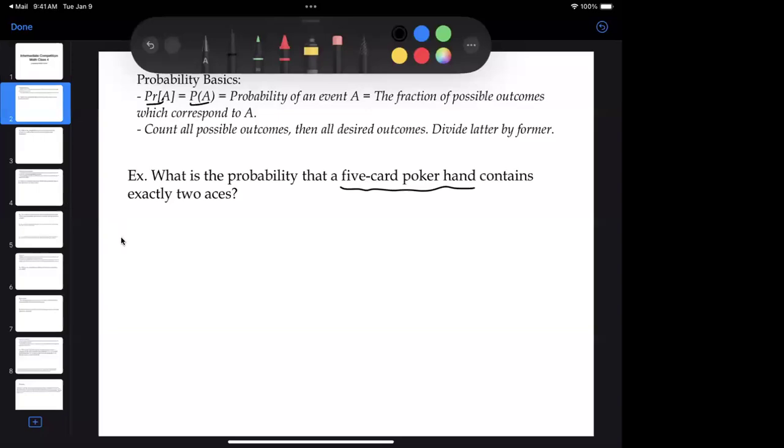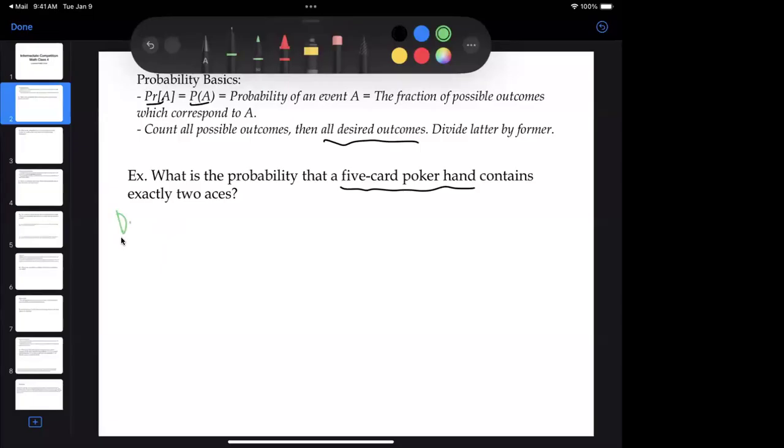So how many aces are in a deck? There are 4 aces, one for each of the suits. By choosing 2 aces, we can first count all the desired outcomes. How many ways are there to take 2 aces from 4 total? That's 4 choose 2. Let me write it down.